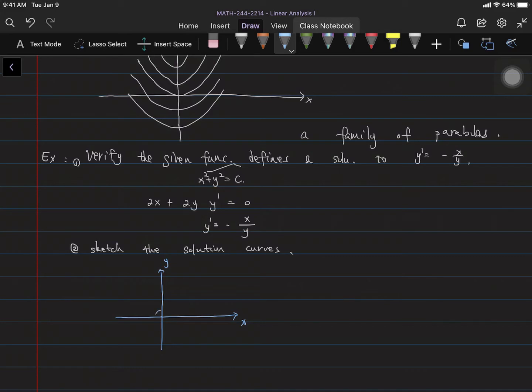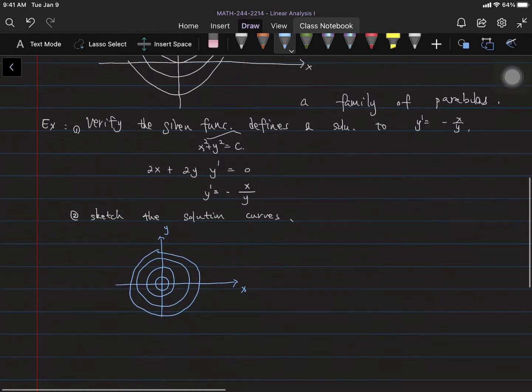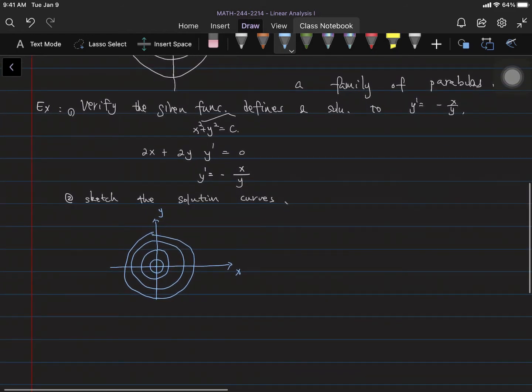And given C different numbers, that means all circles with different radii. Is that correct? For example, C is 4, x squared plus y squared equals 4. That means a circle with radius 2. So those are the solution curves. Okay, that's the exercise problem.